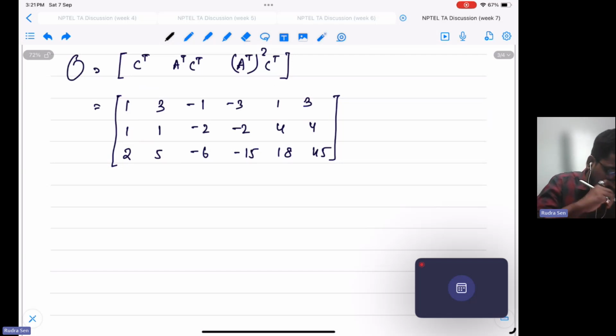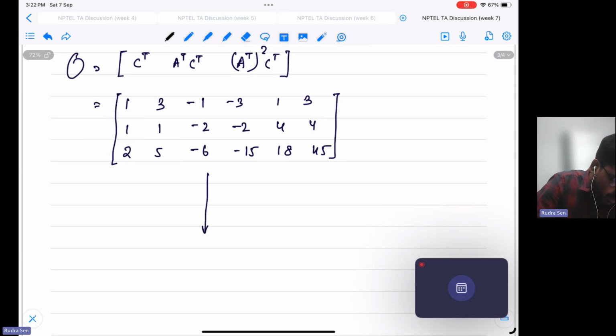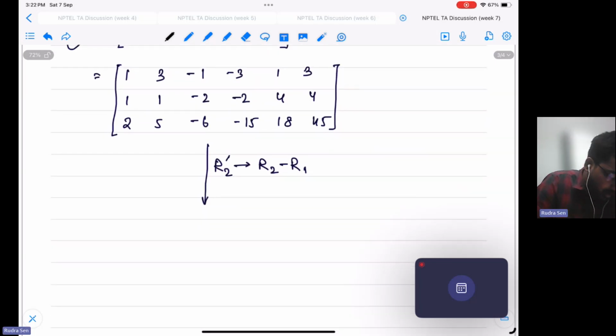Okay. So first, what we can do, we can change row 2 by simply the difference between row 1 and row 2. And what we'll get? 1 3 -1 -3 1 3. Okay, this is 0, this is -2, this is -1, this is 1, this is 3, and this is 1.